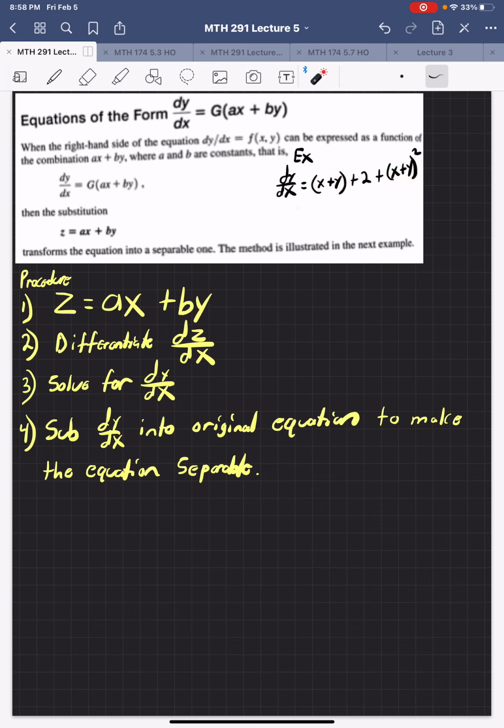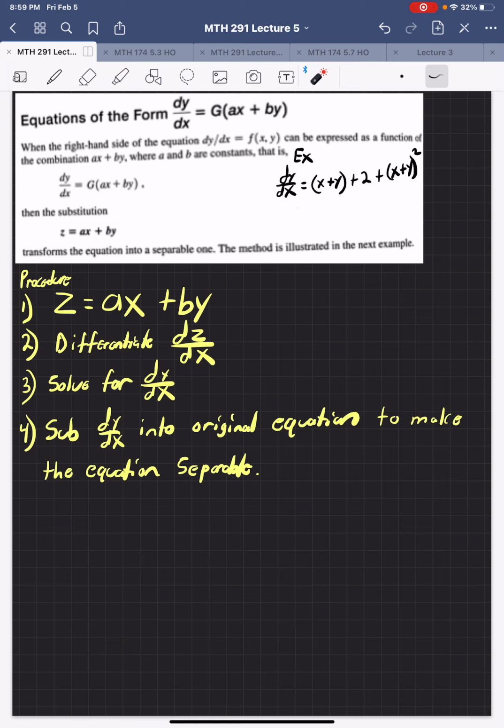If I defined x plus y to be z, I could take this right-hand side of the equation, and wherever I see an x plus y, I could insert a z. So do you see how I could write that as z plus 2 plus z squared? That's the idea informally.